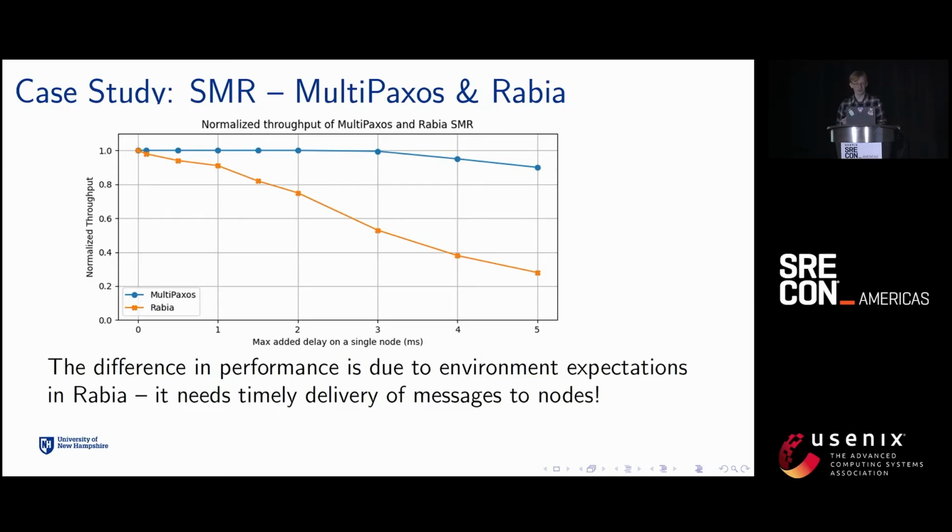Rabia is built on top of the assumption that the network is stable, that message delivery can happen at about the same time across that cluster of 3 or 5 nodes that is part of a single state machine replication instance. And it simply may not be the case.